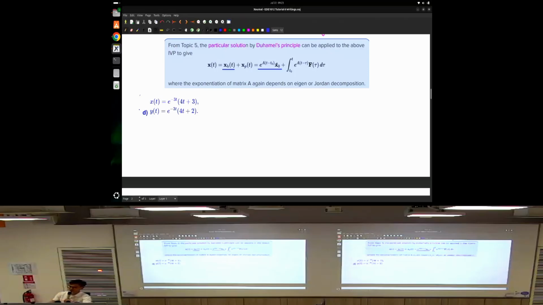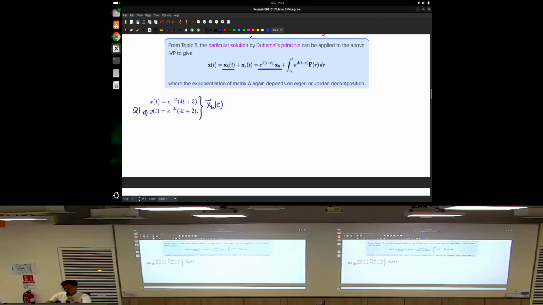One is by the initial condition. That is from question 1D. So this is our XH. This is the vector XH of t. Okay? From question 1D. So now we just need to evaluate this guy. Okay? This guy, right?